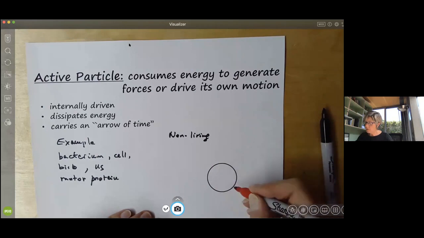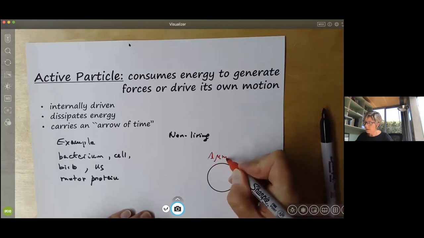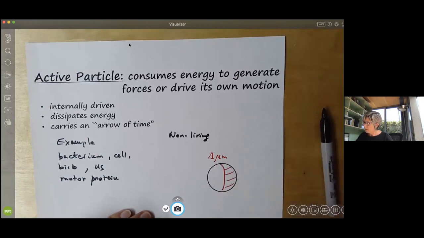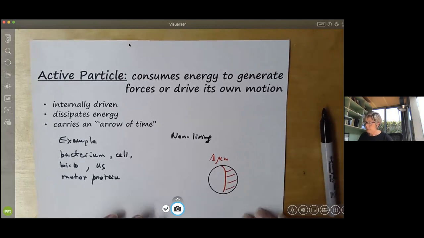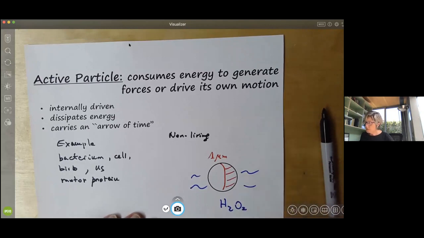If you take, for instance, a gold bead about a micron in diameter and coat half of it with platinum, and immerse it in a solution that contains hydrogen peroxide, the platinum serves as the catalyst for hydrogen peroxide and breaks it into oxygen and water, generating an excess of products on the side of the platinum and a lack of reactant, the hydrogen peroxide.